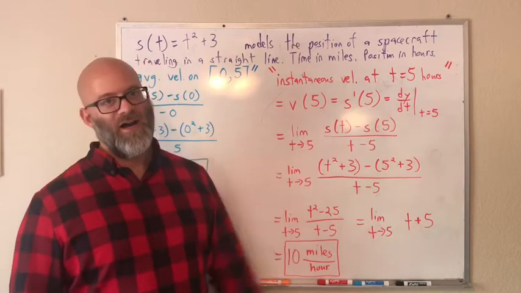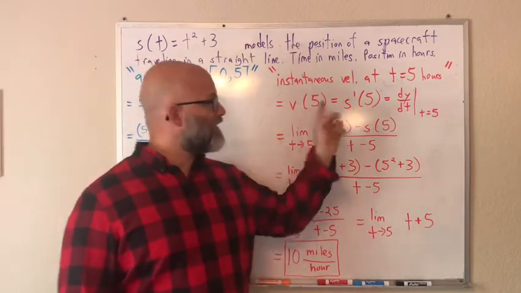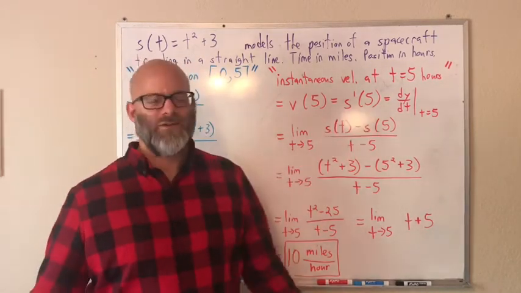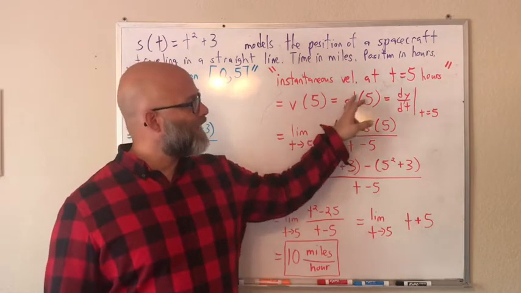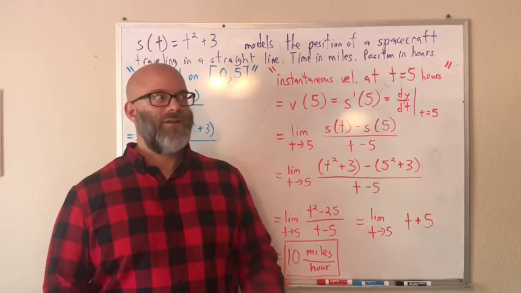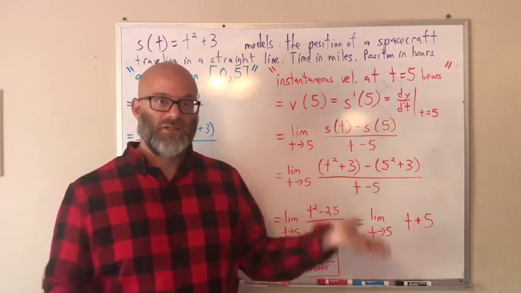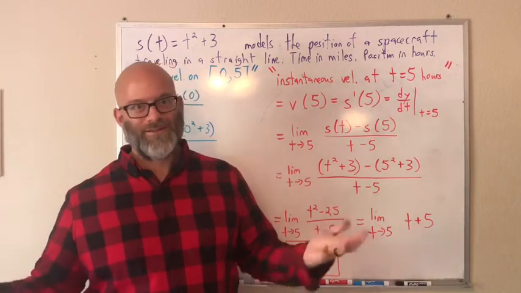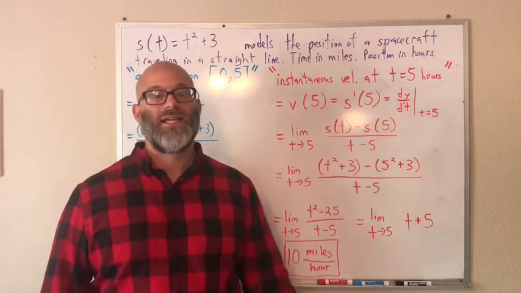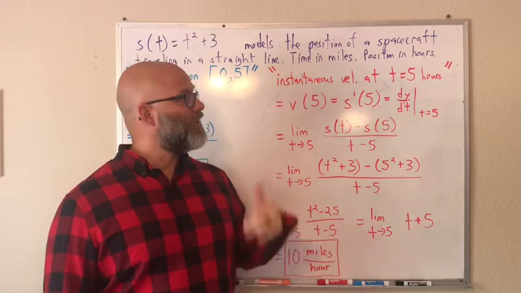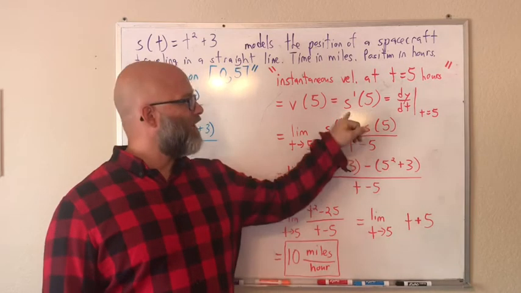S prime of 5. If this said s to the first of 5, that would make no sense, right? We would never see that. And if this was s to the negative 1 of 5, that wouldn't have anything to do with derivatives. That would be the inverse of s, s inverse, of 5. But if we see s with this little mark here, that means s prime of 5, and it's telling you take the derivative of s at 5.